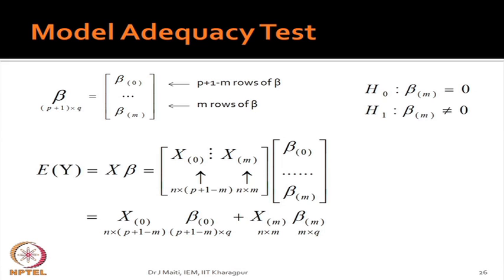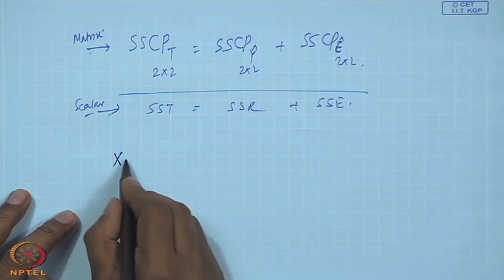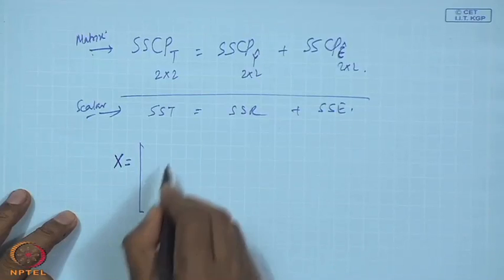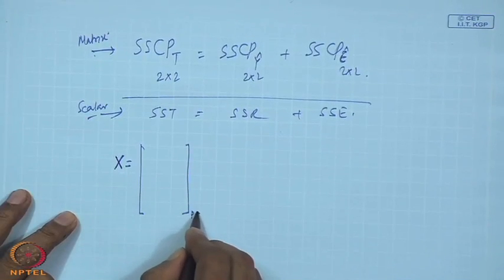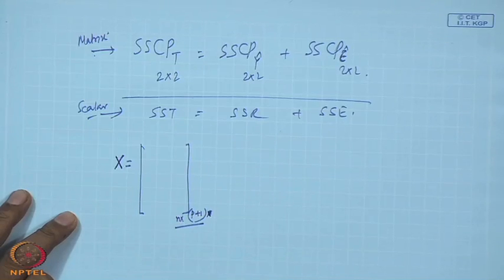The test is basically what I can call a generalized hypothesis test. In the sense you have the X data matrix, which is n cross P plus 1.